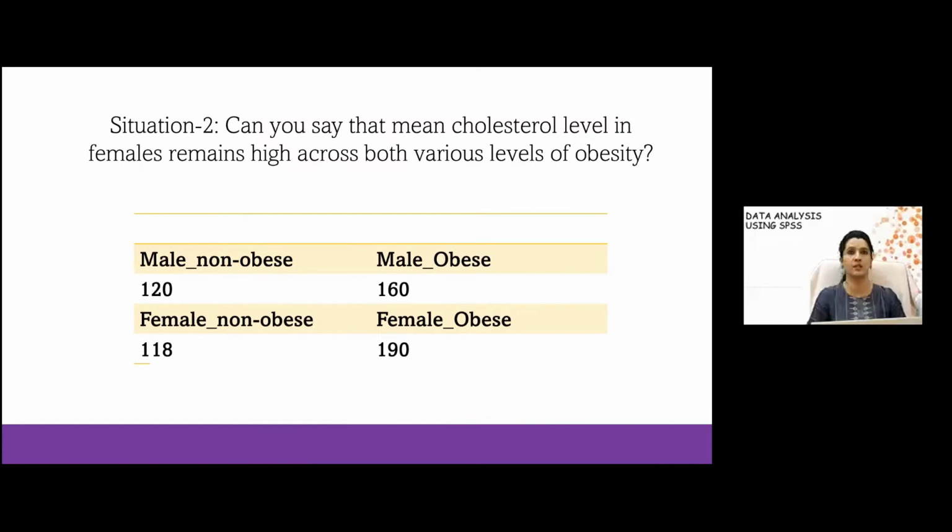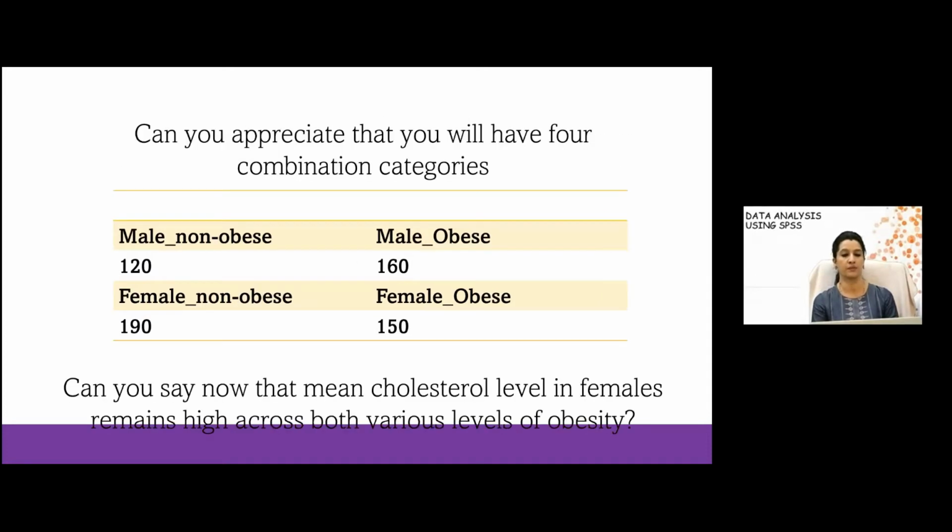But if you see this, you cannot say the same statement here, because here you will see that the females who are non-obese are having less cholesterol than the male non-obese. So we are having again 4 combinations here: male non-obese, male obese, female non-obese, and female obese, right?